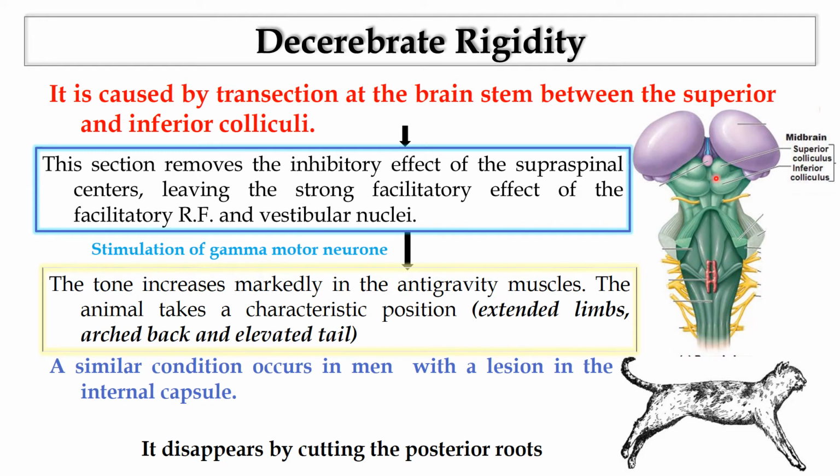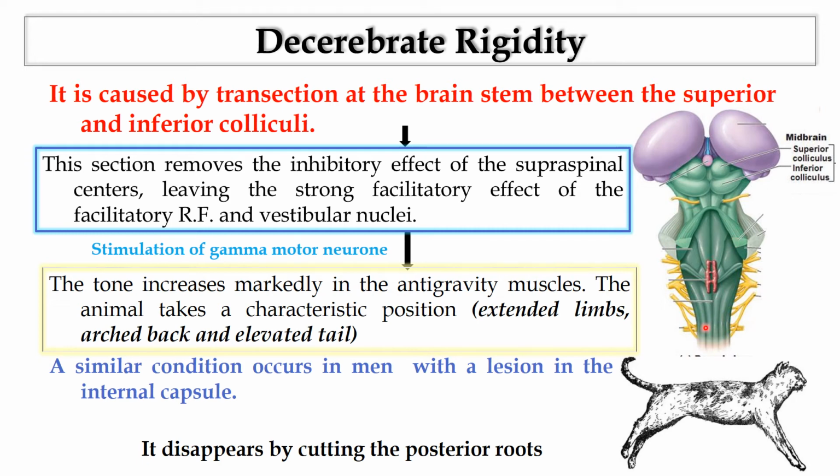We remove the facilitatory effect of motor area 4 or the neocerebellum, but at the same time we kept the facilitatory reticular formation working, and it still has its own intrinsic activity, so it can send to facilitate the stretch reflex.